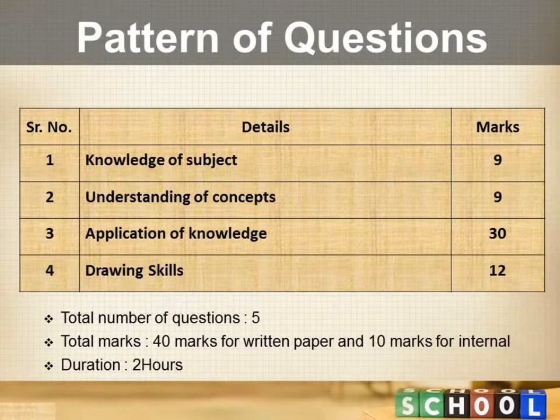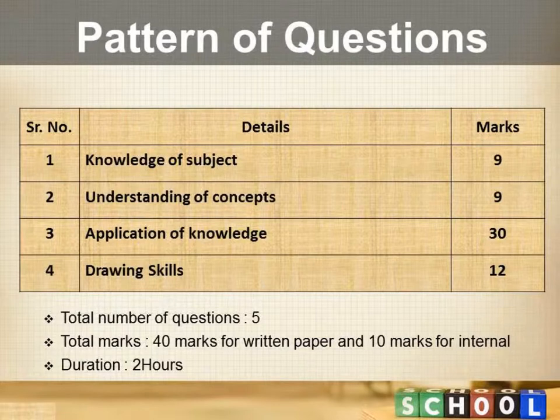For 9 marks. Understanding is also for 9 marks. Application is 30 marks. So don't think that you can learn the textbook by heart, because knowledge and understanding carries 18 marks totally. But the application part, whether you have really understood what you have studied, carries 30 marks.